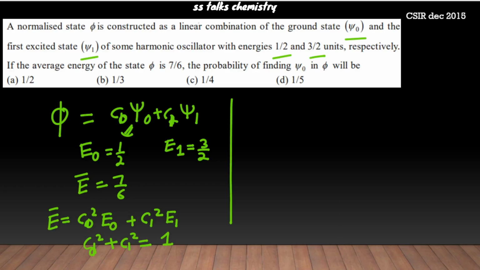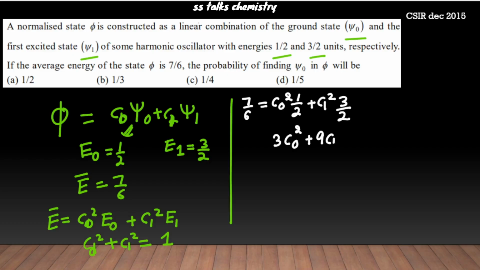Now from the energy values, firstly, we have the average energy, which is 7 by 6. This is going to be C naught square into the energy value of this state, which is 1 by 2, plus C1 square into the energy, which is 3 by 2. So let's take the LCM, which is 6 in this case, so it becomes 3 C naught square plus 9 C1 square, which is equal to 7.